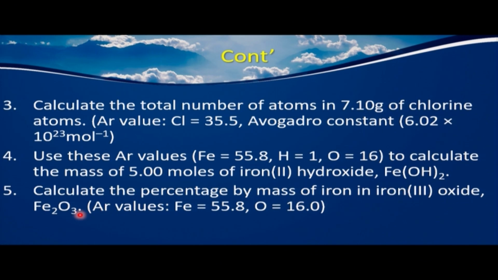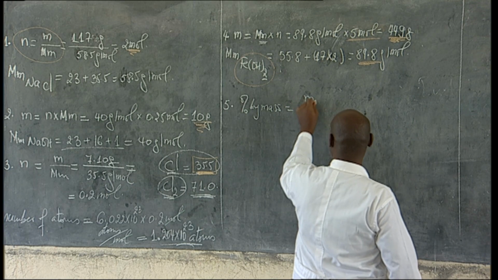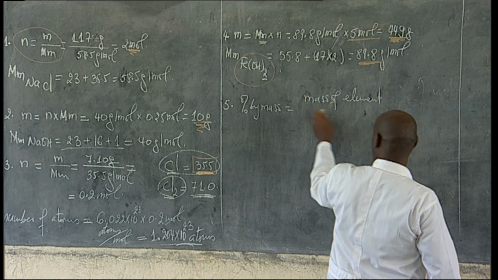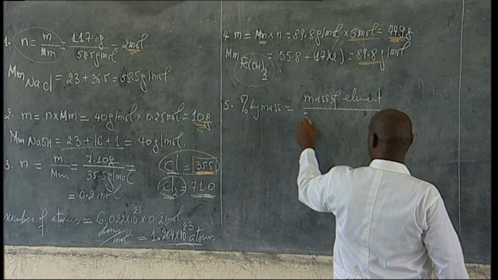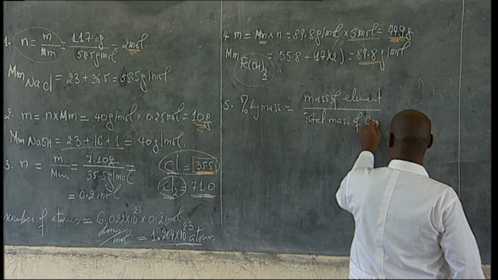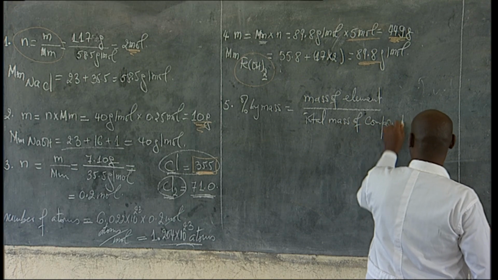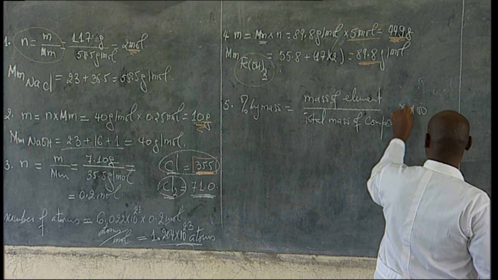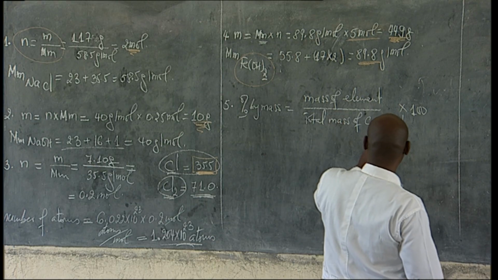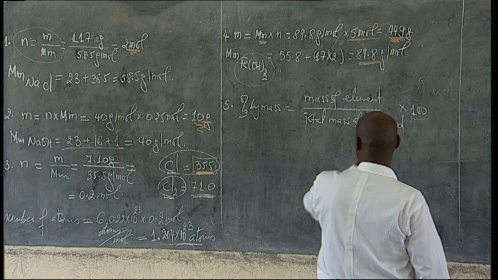So, first of all, remember we said the percentage by mass is given by the mass of element over total mass of compound and times 100, because the percentage means the mass of this element in 100 grams of the compound.